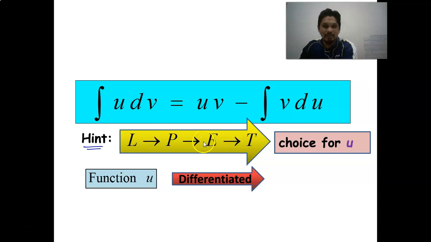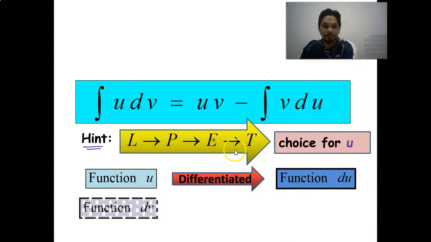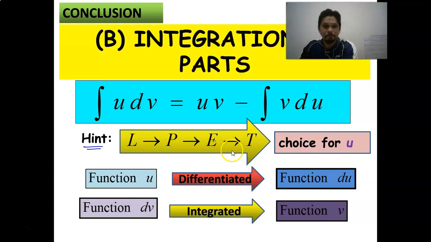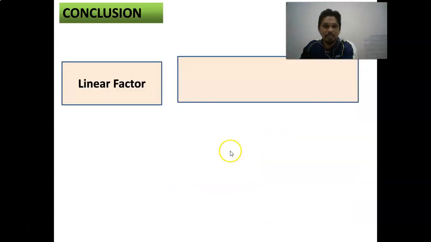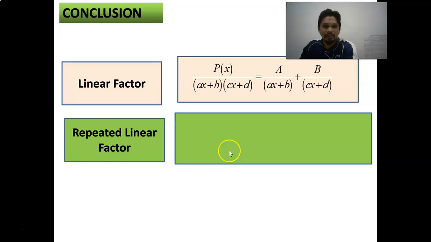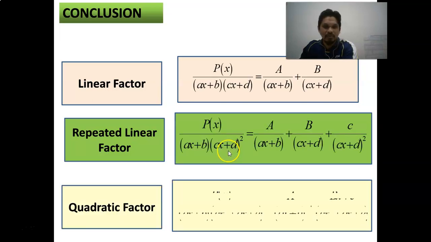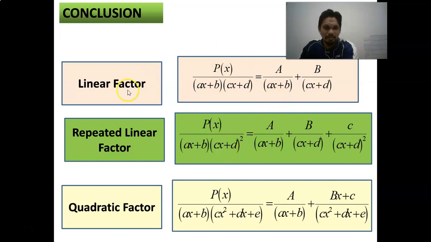And if it's between polynomial and exponential, choose the polynomial as u and exponential as dv. There you go. Integration by parts. Linear factor, repeated linear factor, and quadratic factor that cannot be factorized, please refer to the previous notes of chapter 5 or 6 for this polynomial.